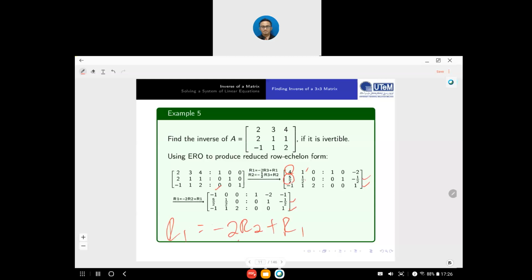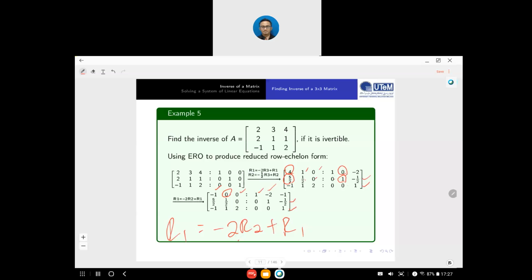Negative 1 plus 1 is 0. Next, negative 2 times 0 is 0 plus 0, also 0 lah. Next, negative 2 times 0 is 0 plus 1 is 1. And then negative 2 times 1 is negative 2 plus 0 is negative 2.